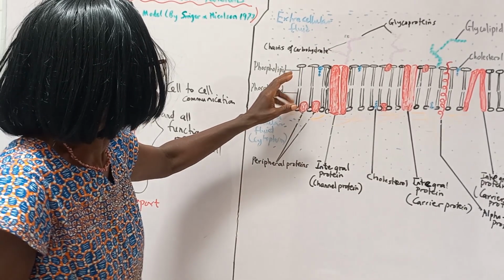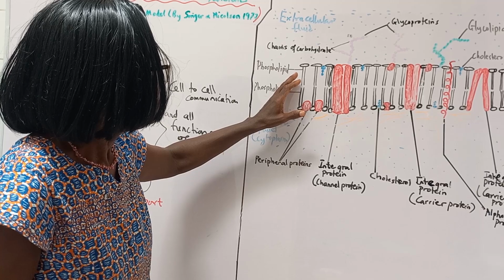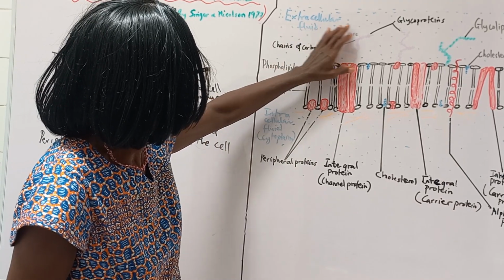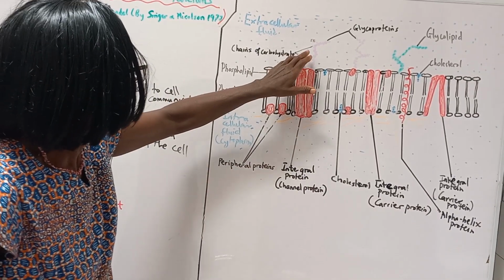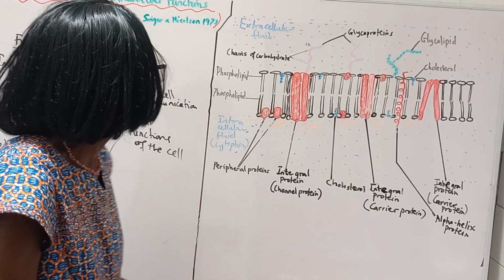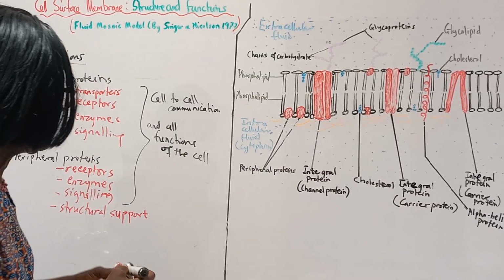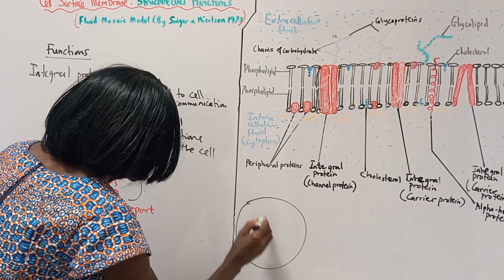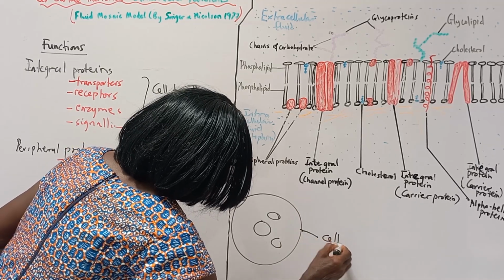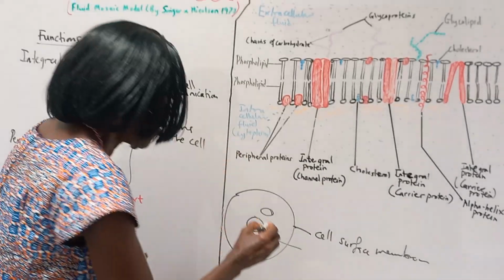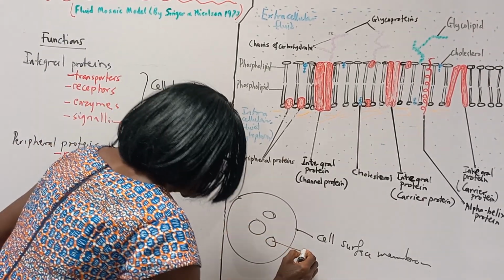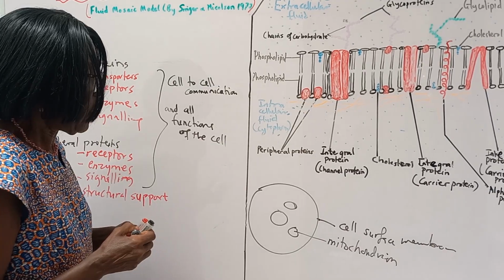Now, you know, this is the cell surface membrane because on its outer surface, you have the glycoproteins and the glycolipids. As we said, the membrane structure, this is the cell surface membrane. The organelles also have membranes. Organelles like mitochondrion, they also have membrane.